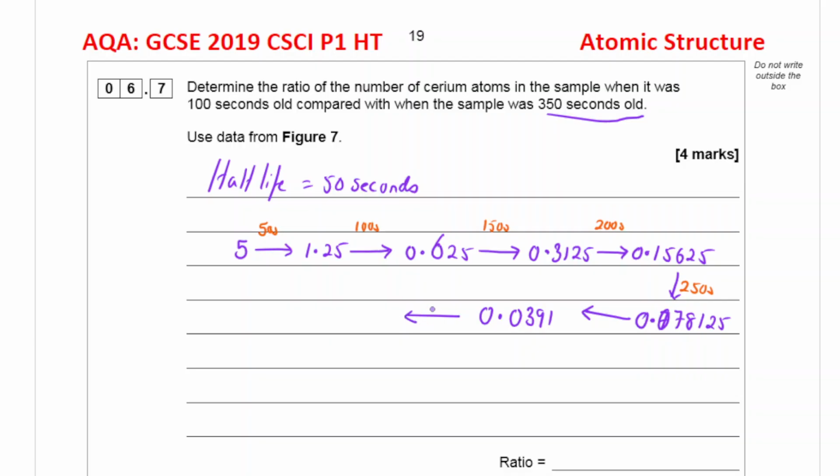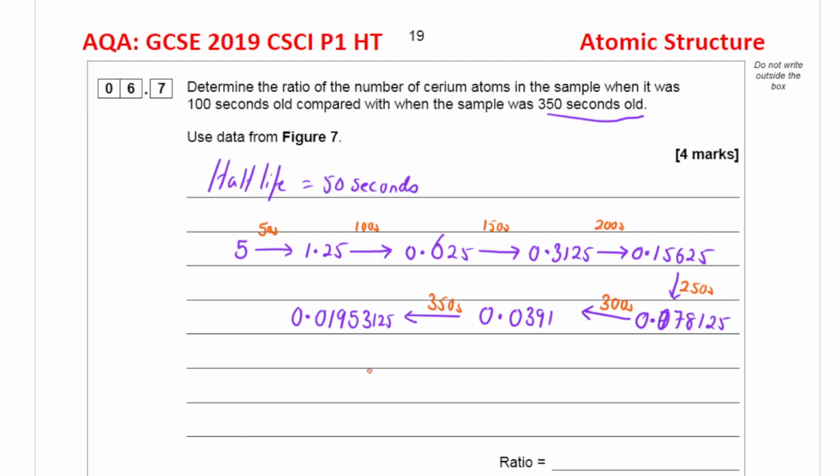Divide that by 2 again, it will be 0.01953. I write the full number, 0.01953125, as well. So we've done 300 seconds, 350 seconds. We've gone through 1, 2, 3, 4, 5, 6, 7 half-lives.